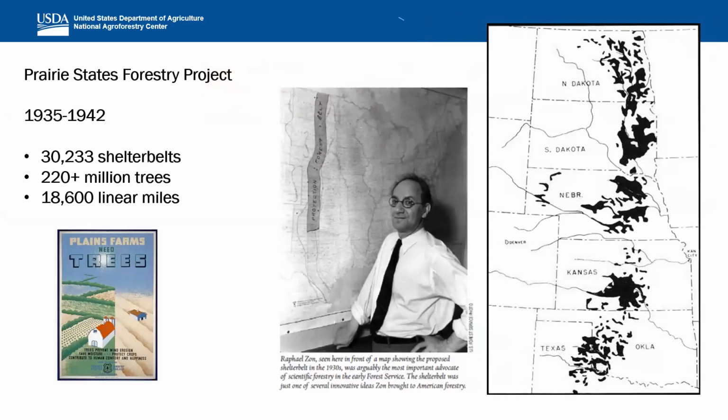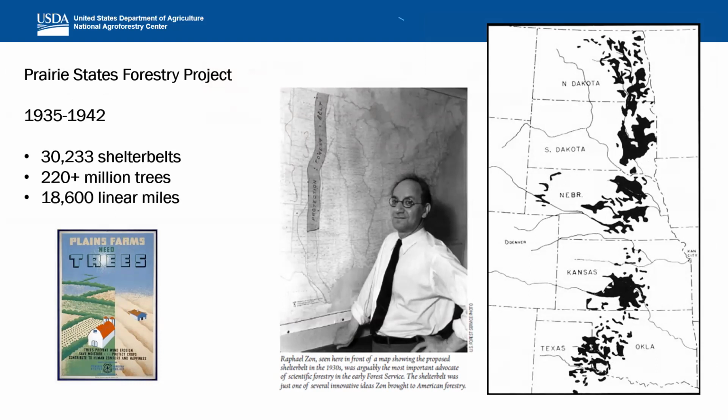So in 1933, President Roosevelt started a series of New Deal programs to lift the country out of the Great Depression. One of those to combat these severe erosion problems was the Prairie States Forestry Project, which was targeted at two major challenges, unemployment and wind erosion.